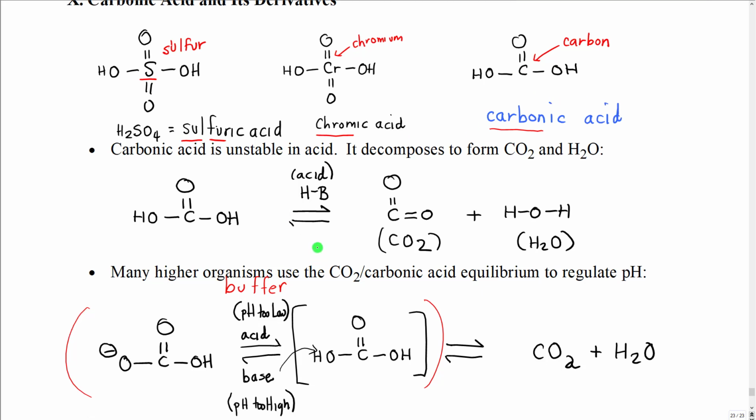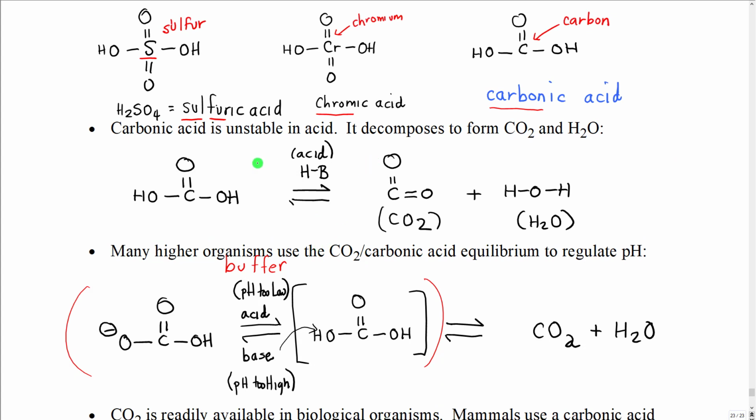Now, carbonic acid is very interesting because it's actually unstable in acid. Remember, carbonic acid is itself an acid. So when we put carbonic acid in acid, in other words, when we make more than one molecule of carbonic acid, that acid will catalyze the decomposition of carbonic acid and the formation of carbon dioxide and water.